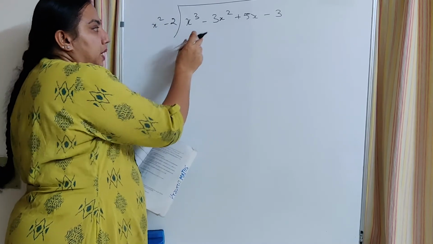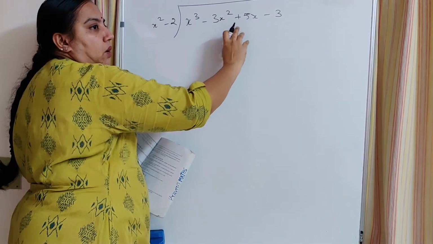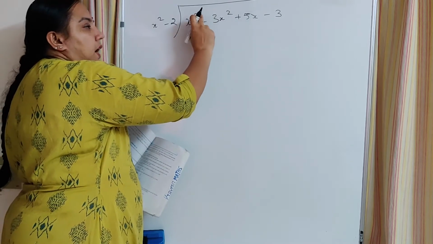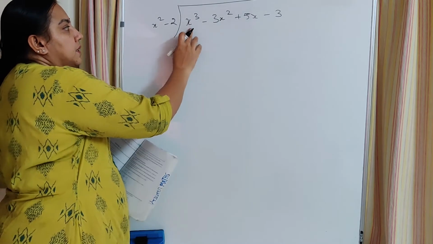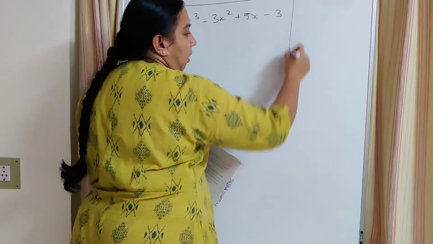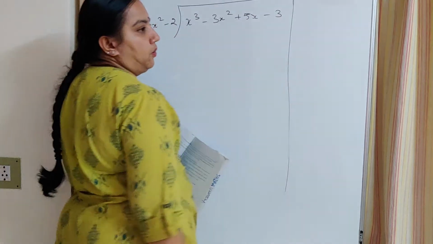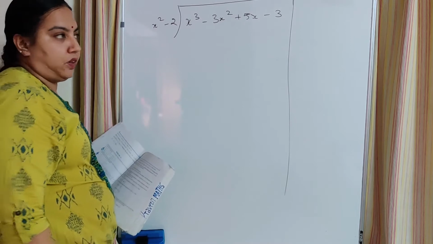Whenever you are writing below also, you have to take care to write along with the degree values. Now going back to the sum, x cube divided by x square. While you are doing polynomial division, always maintain a perfect rough column.